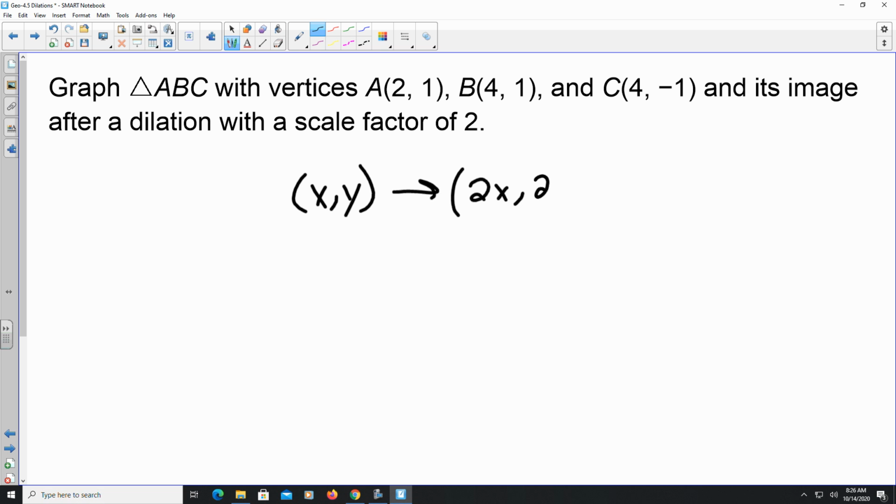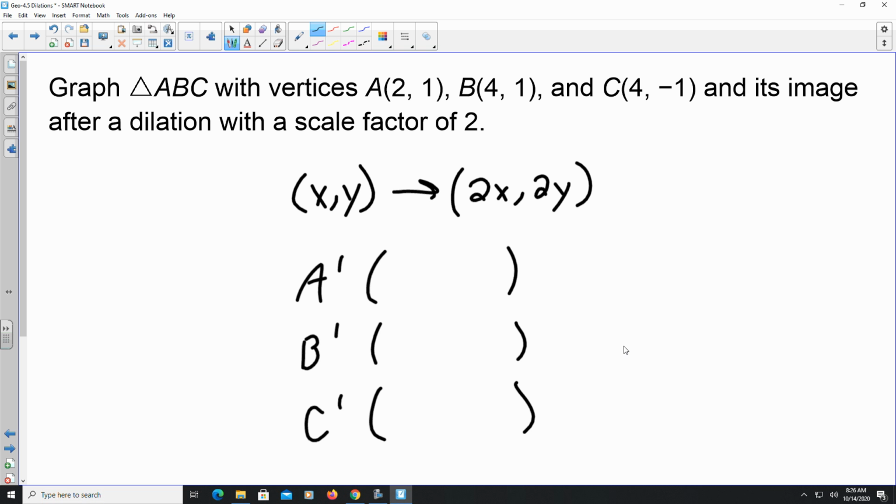So A prime, B prime, and C prime are all going to be multiplied by 2 from the original coordinate. A is (2, 1), A prime is (4, 2). Just multiply it by 2. B is (4, 1), B prime is (8, 2), and C is (4, -1), C prime is (8, -2). And then you would graph it from there if need be.